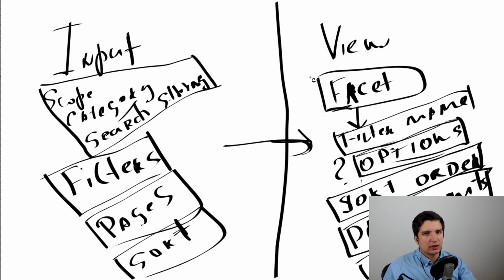Let me see if I can actually show you something. Probably not. In general, the basic idea would be to make it possible for a merchant to change available facets and change sort orders per page.